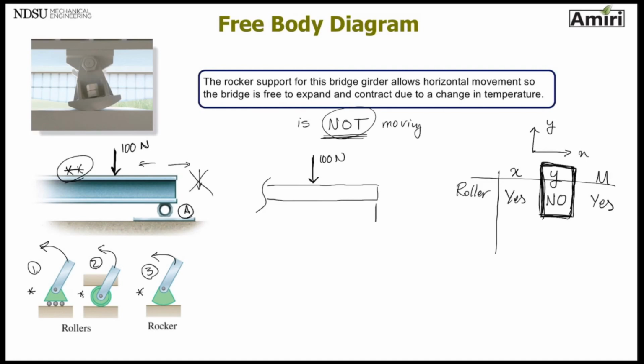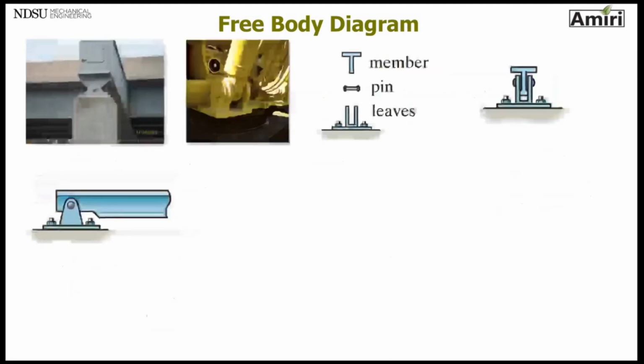In the y direction, point A cannot move, so I'm just going to put an Ay in my free body diagram. So wherever you see a roller, any of these shapes, or a rocker, there is a y reaction force at that point.